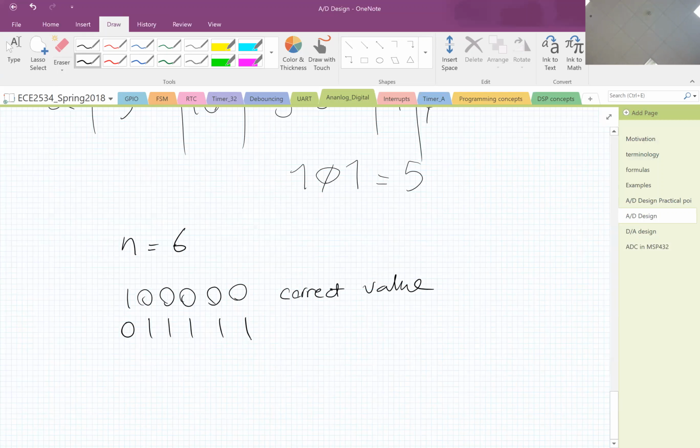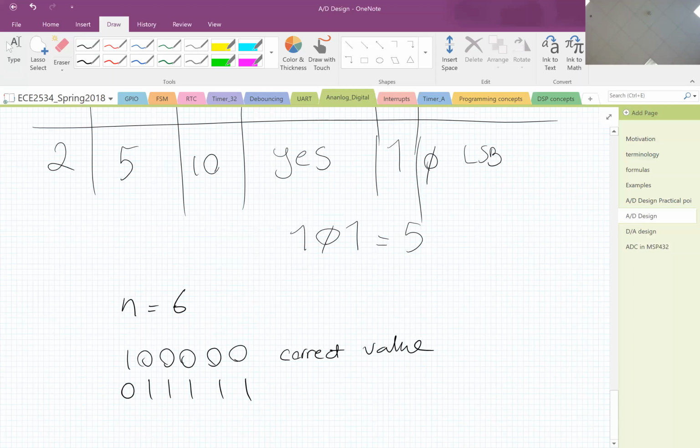How much error is this? 1. But the Hamming distance is huge. Do you know what Hamming distance is? Hamming distance is the number of bits that are different. How many bits are different? All 6 of them. So the Hamming distance is 6. It looks very wrong, but it's only 1 LSB different.